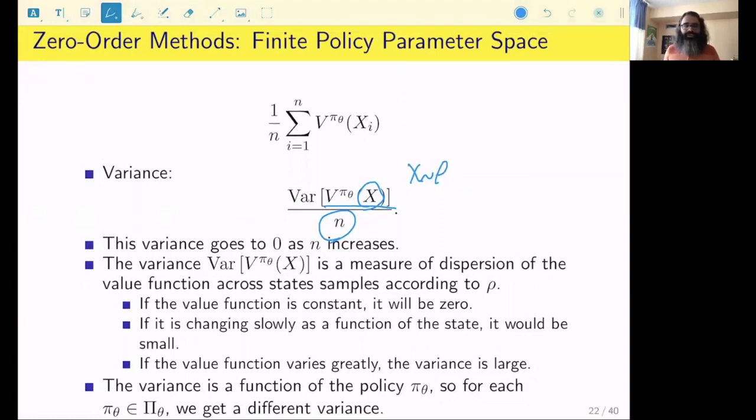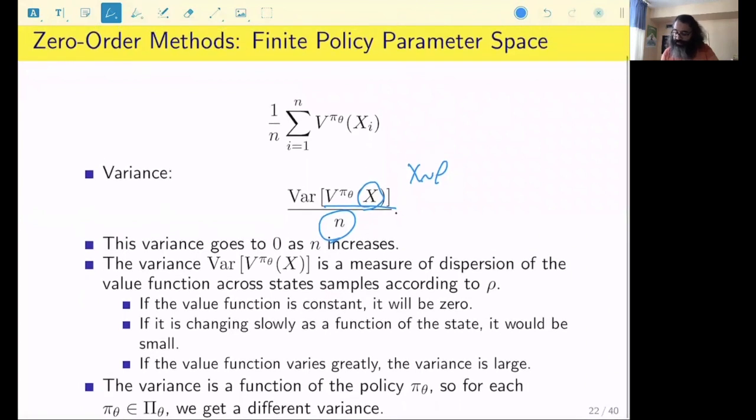Any question? Okay, so we have an estimator that is unbiased, and it has a variance that goes to 0 at a rate of order 1 over n. This is good, because it means that if we increase n, our estimator becomes more accurate.